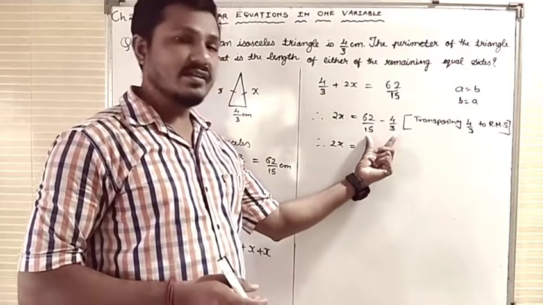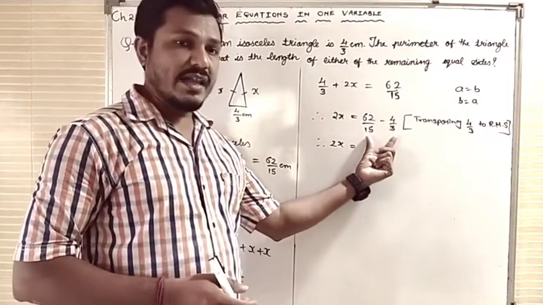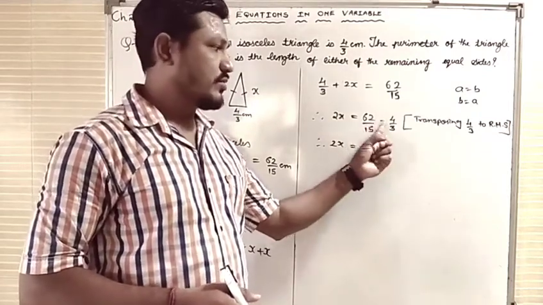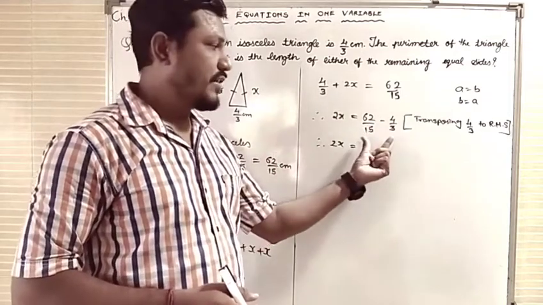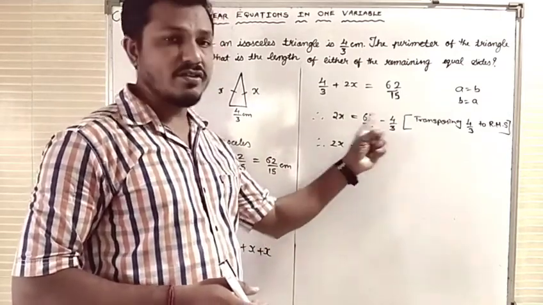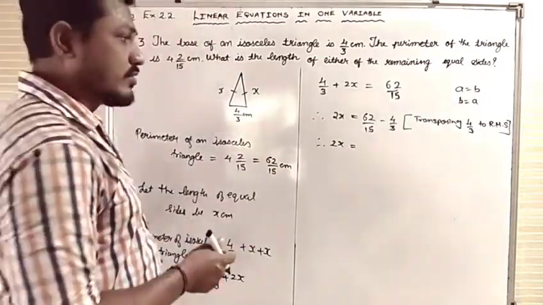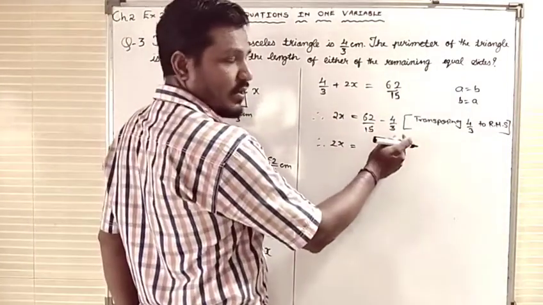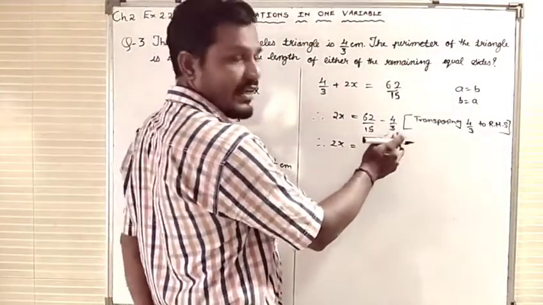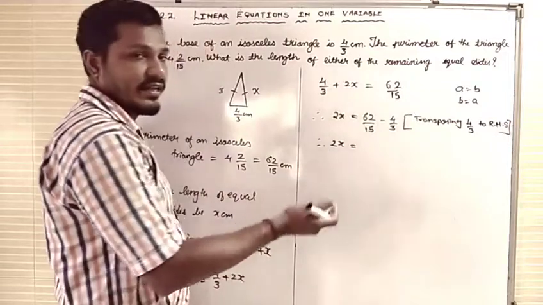Now here see, you have to equalize the denominator to do subtraction. Without equalizing the denominator, you cannot subtract the value. So to equalize the denominator, we need to find the LCM of 15 and 3. So LCM of 15 and 3 is 15 only.